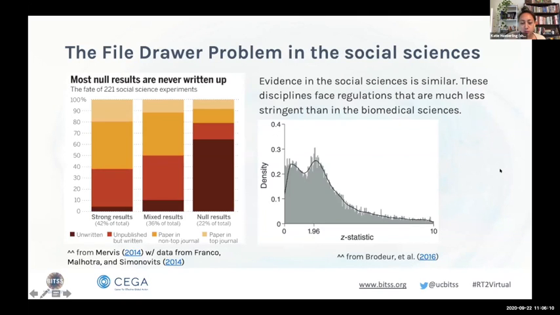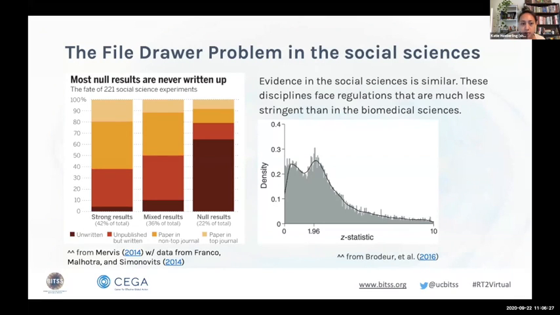Okay, and you've all seen these figures again. I'm just going to bring it back to the social sciences. We don't necessarily have the same kind of enforcement mechanisms as clinical trials and the biomedical sciences do.